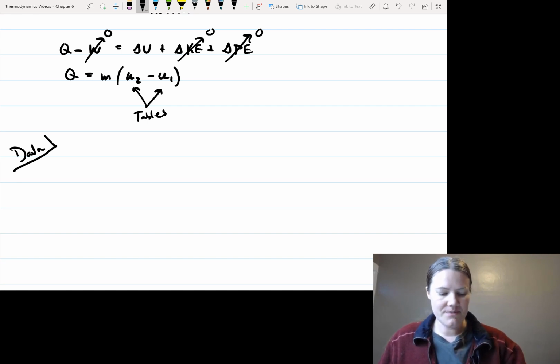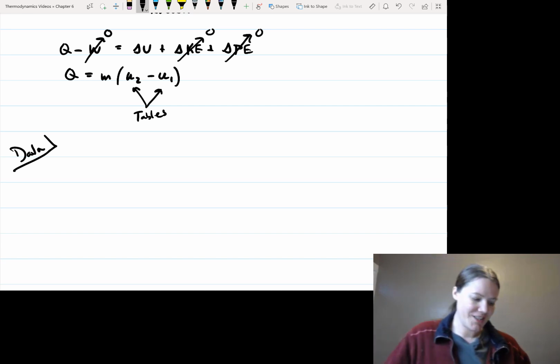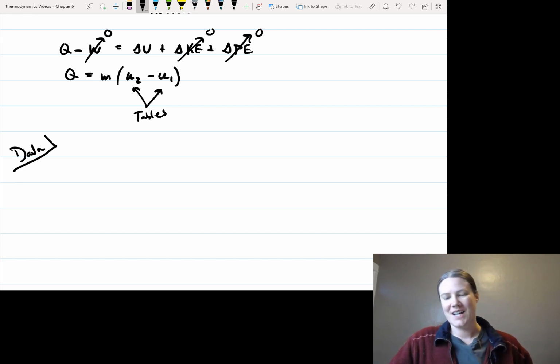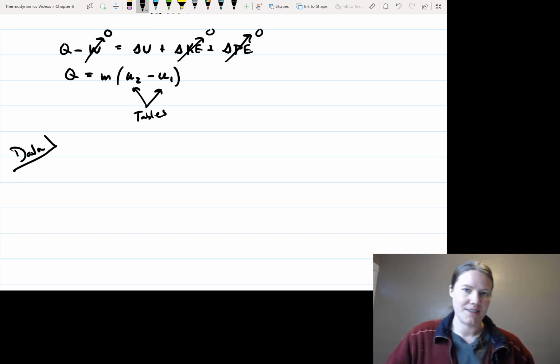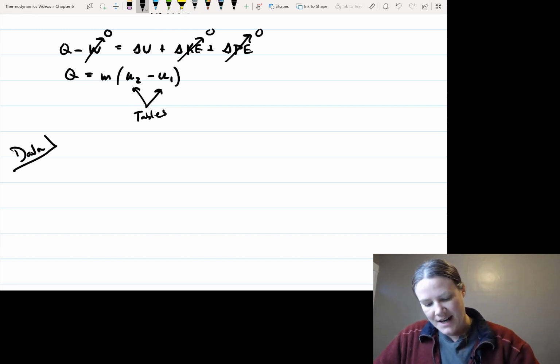I think the confusion with these problems is usually not so much that the problem is hard, it's just that these problems are long, they have a lot of steps, so you want to approach them in a really ordered way, and you're always going to be able to do them correctly.